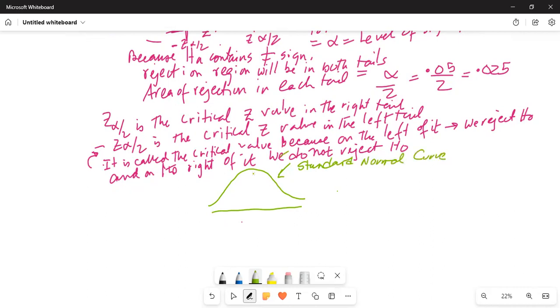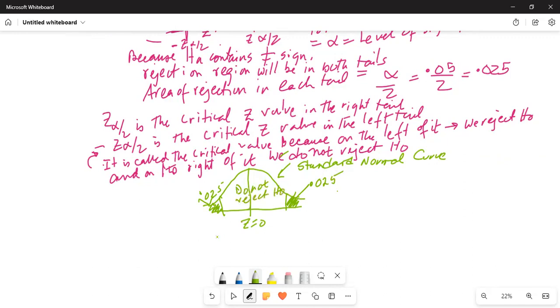At the center where the peak is the highest, Z equals 0. On the left, the area is alpha by 2, 0.025, and also in the right tail we have 0.025 area where we reject H0, and do not reject H0 is over here.